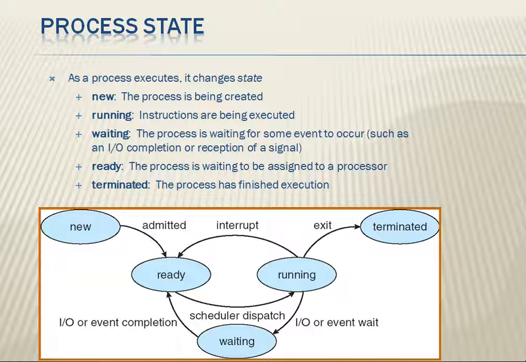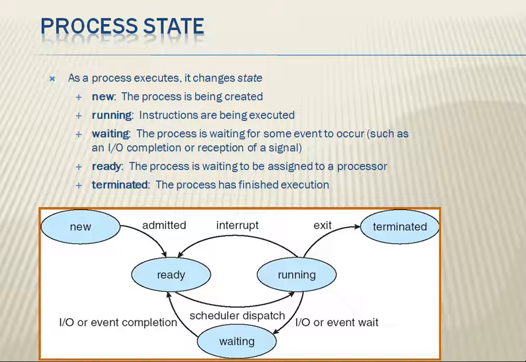When instructions are being executed, then the process switches from new state to running state. The process is waiting for some event to occur, such as an I/O completion or reception of a signal. Then the process switches from running state to waiting state. The process is waiting to be assigned a processor, then it is in its ready state. And when the process has finished its execution, then the process enters its terminated state.